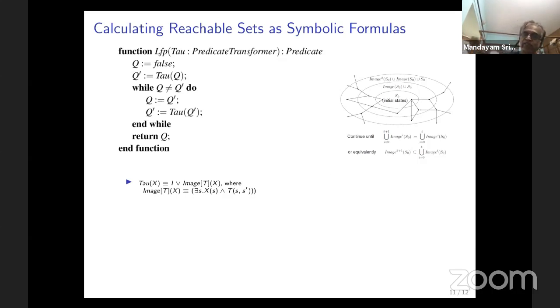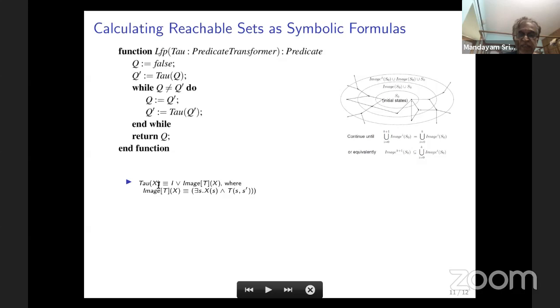So the idea you'll see soon is that all CTL model checking, each of the CTL operators, can be expressed as computing a fixed point of a suitably defined predicate transformer. In this case, the predicate transformer, for example, for computing the reachable set of states from an initial state, can be denoted by this predicate transformer.